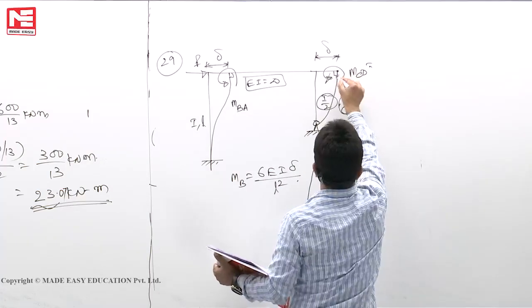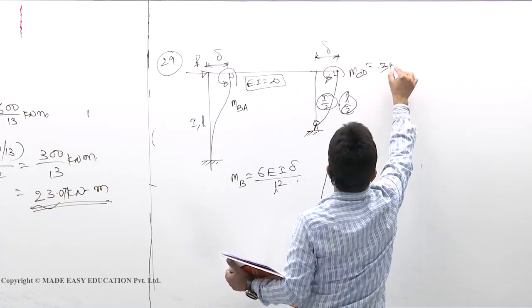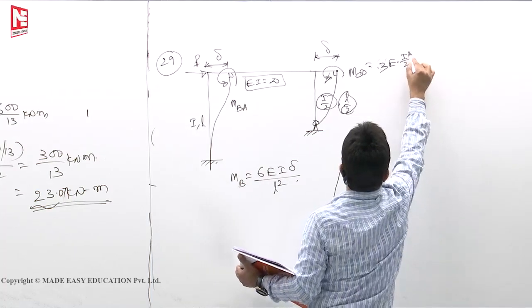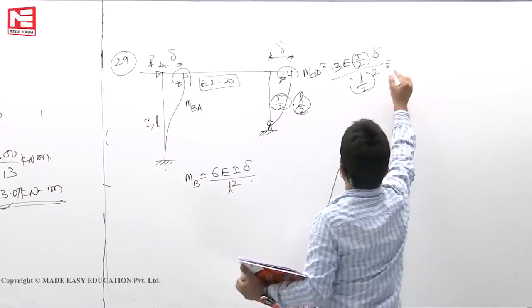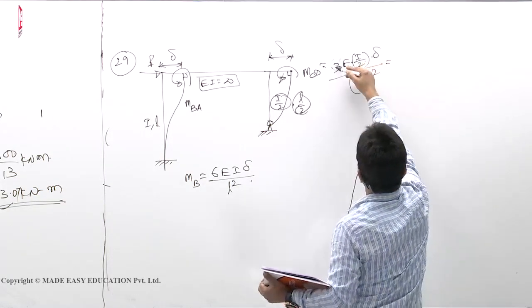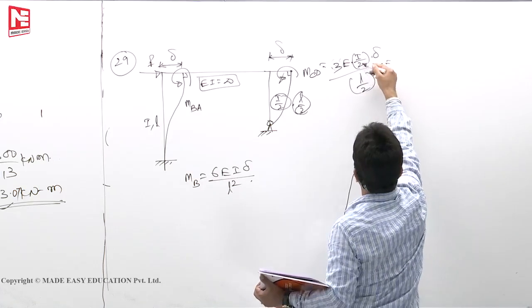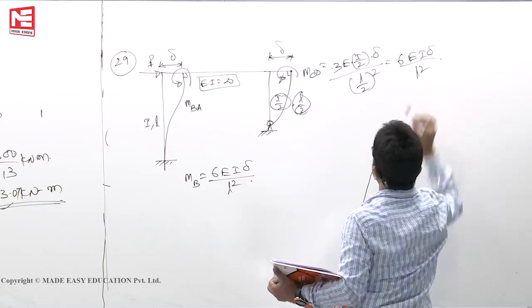Because of the fixed T, 90 degrees will be maintained. This is 3EI, meaning I by 2: 3EIΔ by L², where L means (L by 2)². So you will get L² by 4, meaning 4 into 3, 12. Right? 12 into 2, 6. 6EIΔ by L².